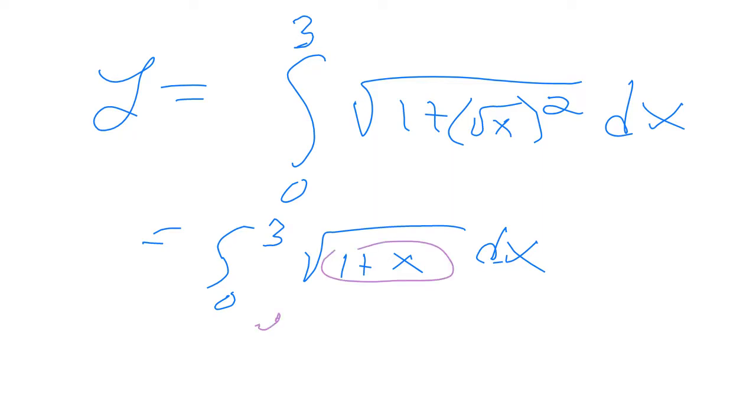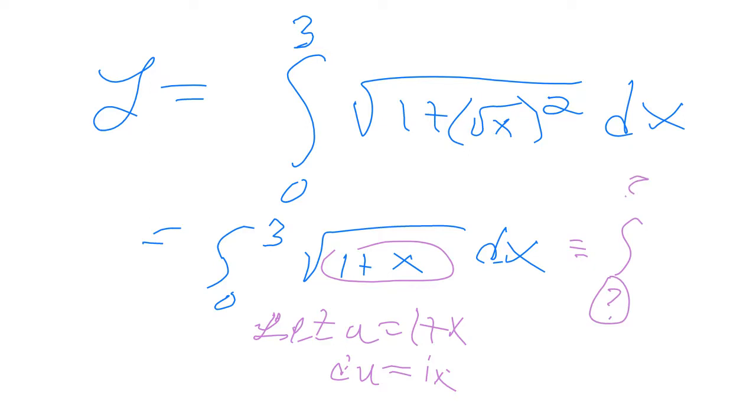So we're going to let u equal 1 plus x. So what's du? du is dx, right? So this is going to be equivalent to the definite integral from I don't know to I don't know of the square root of u, which is u to the 1/2 du. Everybody agree?